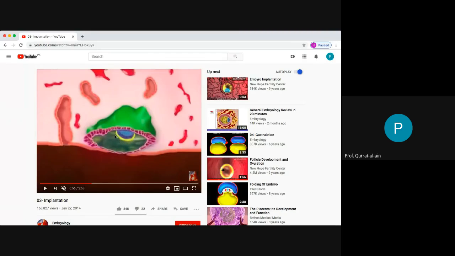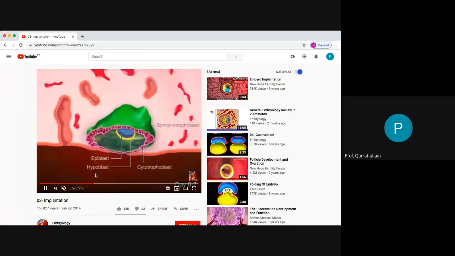This is the upper layer, and this is the lower layer. It is now in the form of a disc. Look, round like a ball, a completely straight disc, just like that it is now a disc, which has an upper layer and a lower layer. Upper layer of the embryoblast, lower layer of embryoblast, and another cavity there, which is the amniotic cavity. Now let's see what happens next.